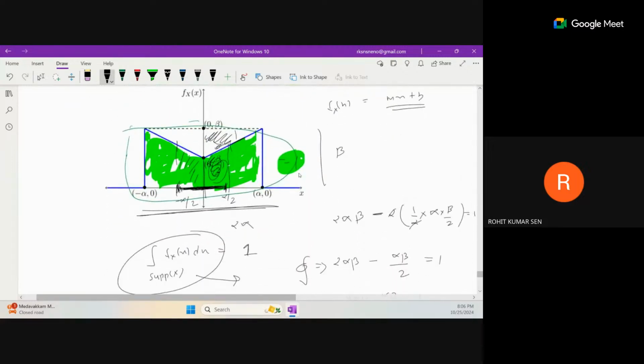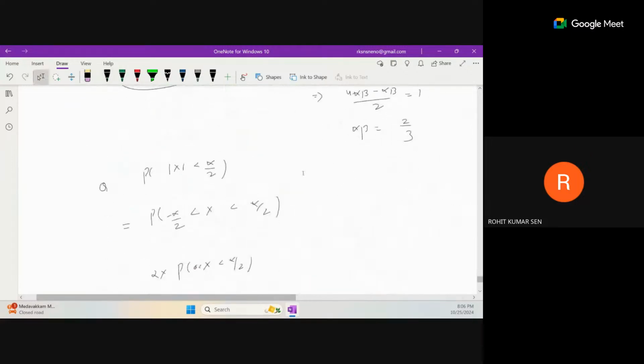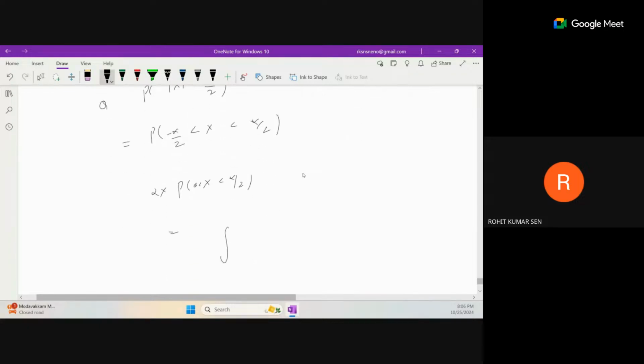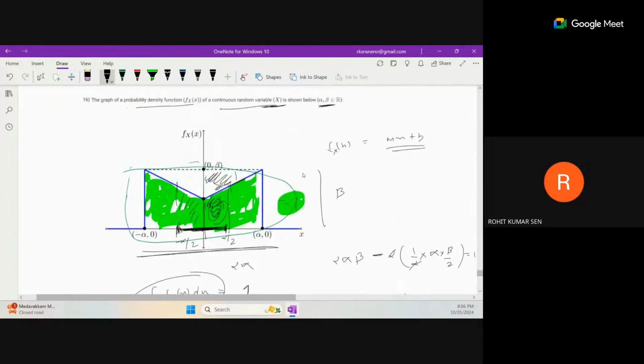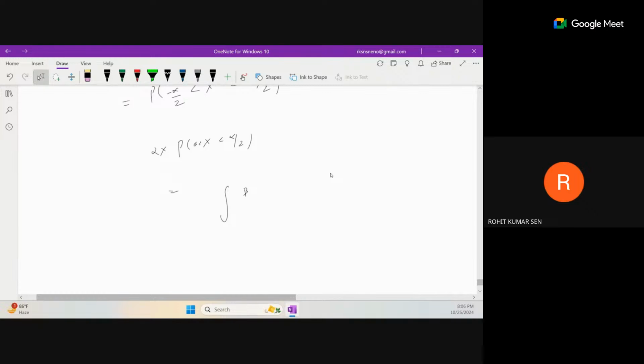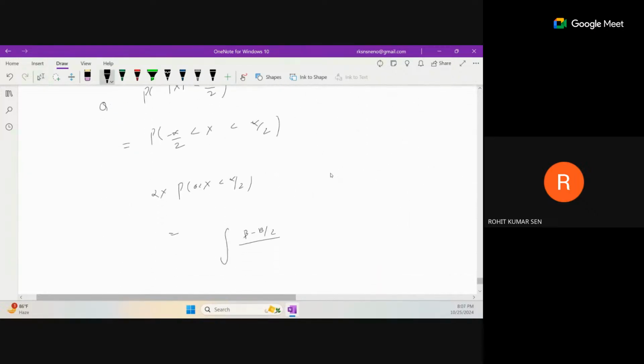You see how I can find m. m is what? y2 minus y1 upon x2 minus x1. What is my y2? Beta. What is my y1? Beta by 2, right? Beta minus beta by 2. What is my x2? Alpha. What is my x1? 0. This is my m. This is my x.